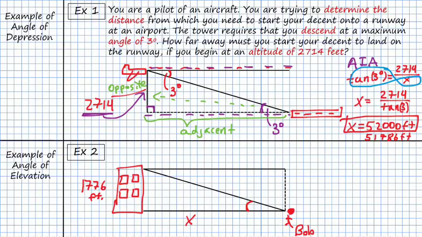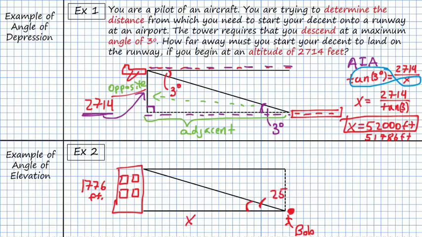He knows that Freedom Tower is 1776 feet tall. It was designed to be that way. So he knows that about the tower, and he measures his angle from the tower. And what he finds is that his angle to the tower is about 25 degrees here. And he's trying to find his distance.